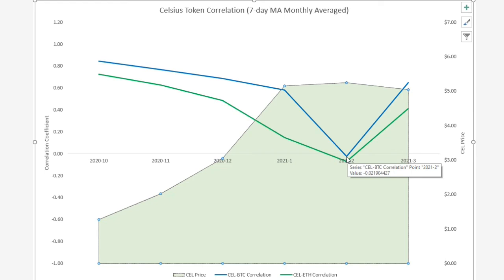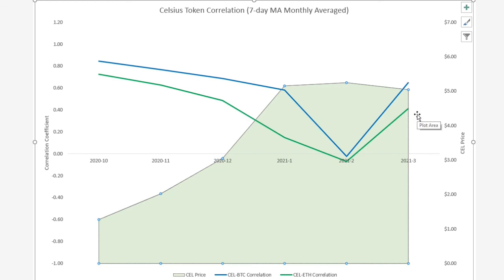That could possibly be because we know that CEL has plateaued somewhat since January, whilst Ethereum and Bitcoin have continued to increase in price, hitting all-time highs. Then in March, we do see a recovery in the correlation.